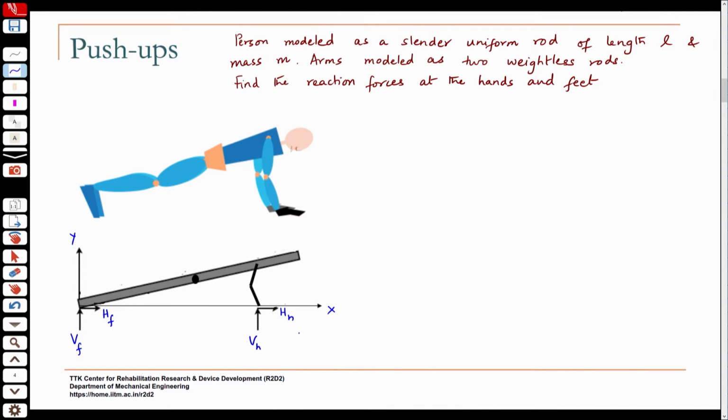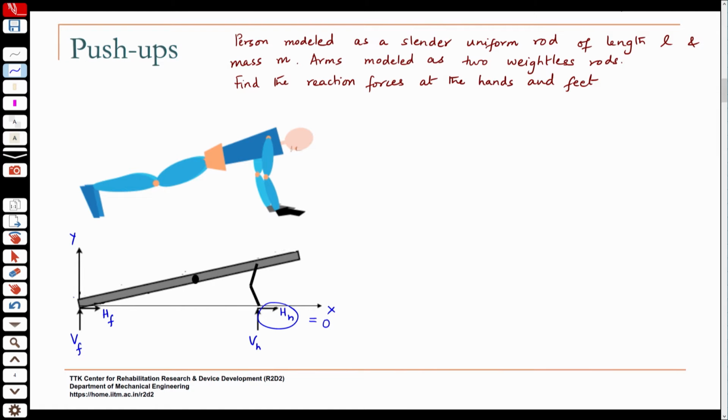So, a reasonable assumption to make would be to say that Hh is equal to 0. I can say that I am only exerting a vertical force with the hands. Let us say that is an assumption we make.